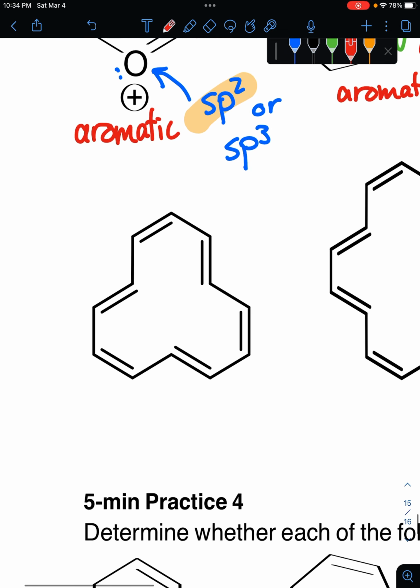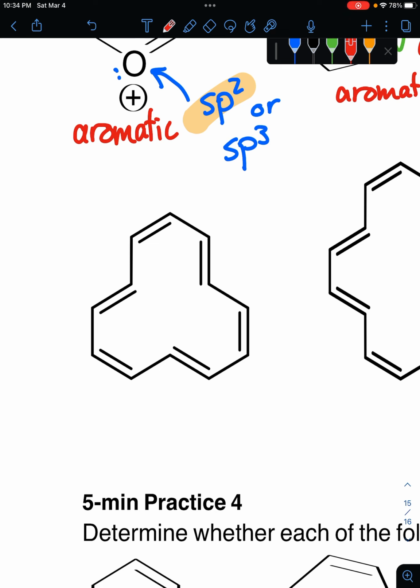All right, let's think about this 1, 2, 3, 4, 5, 6, 7, 8, 9, 10, 11, 12-membered ring. Okay, so it seems like every single carbon is sp2 hybridized, which means it's all conjugated. So likely it's going to be planar, but let's think about the hydrogen that would have to be here.